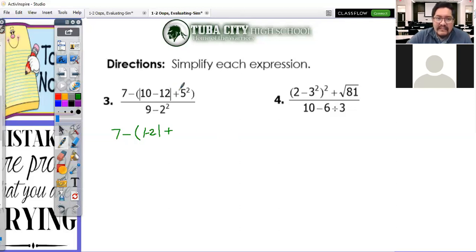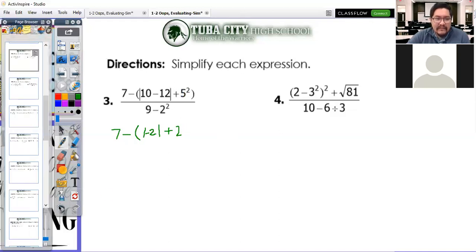So here I have an addition. I can go ahead and do this at the same time, and it would still be separate. It's not going to affect the answer over here. All right, now 9 minus 2 squared, so that would be 4, like that. And there we go.